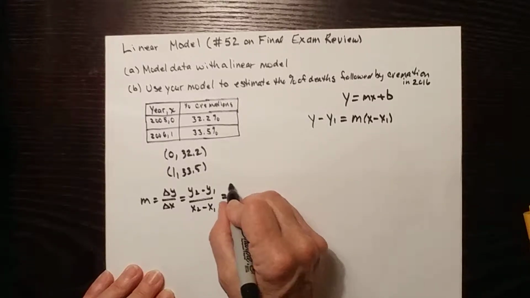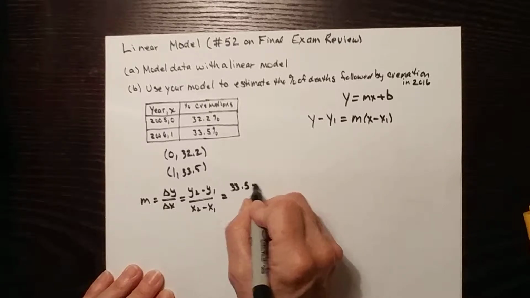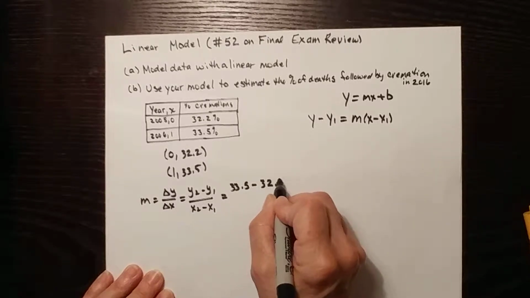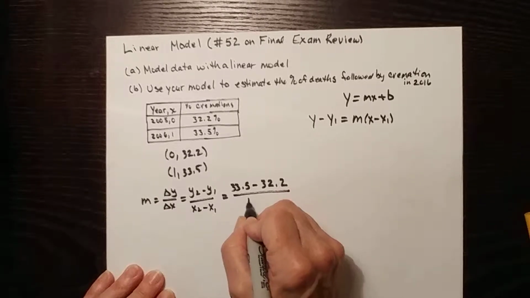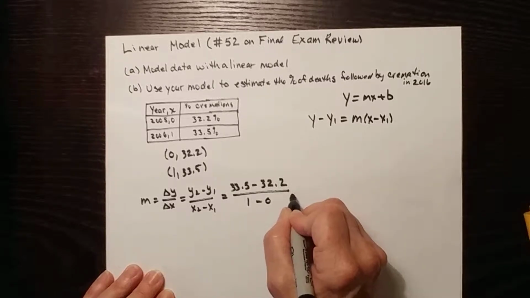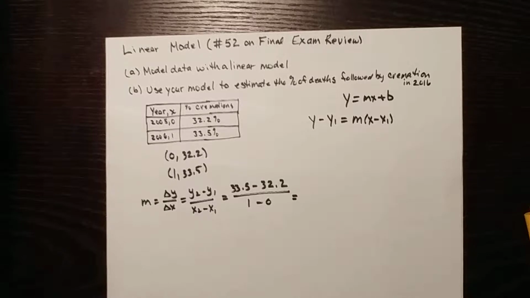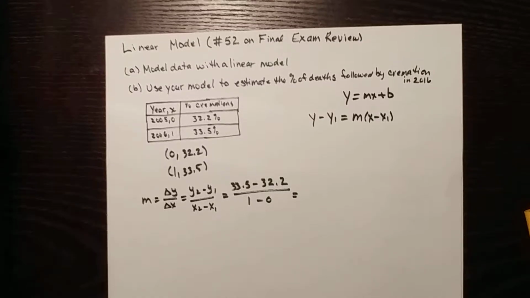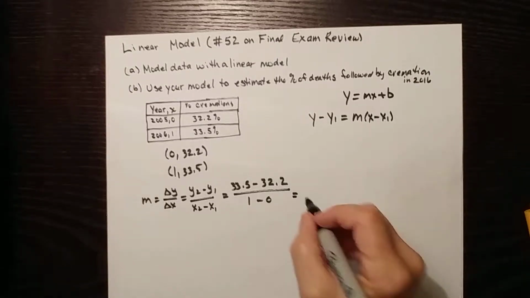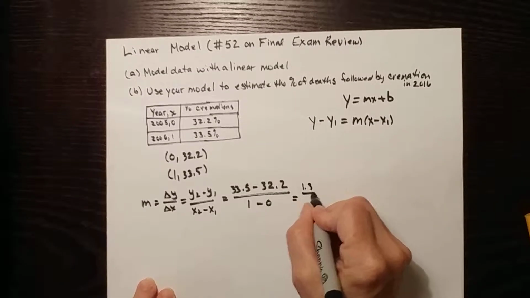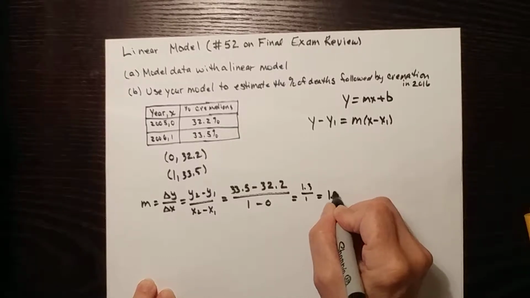So in this case, it'll be 33.5 minus 32.2 over 1 minus 0. Let me make sure I'm doing this right. It gives us 1.3 over 1, which is 1.3.